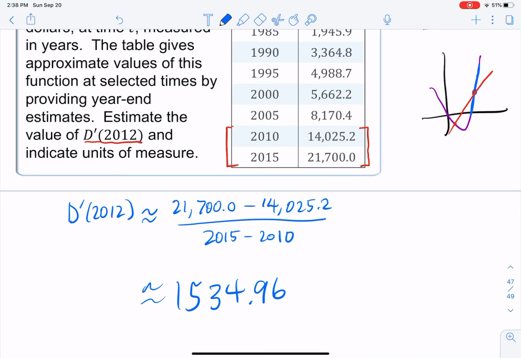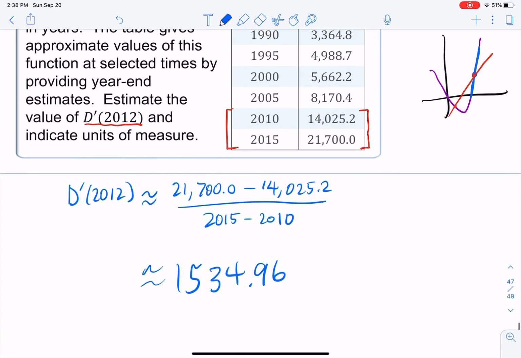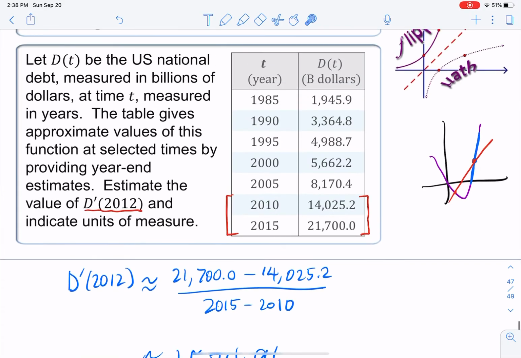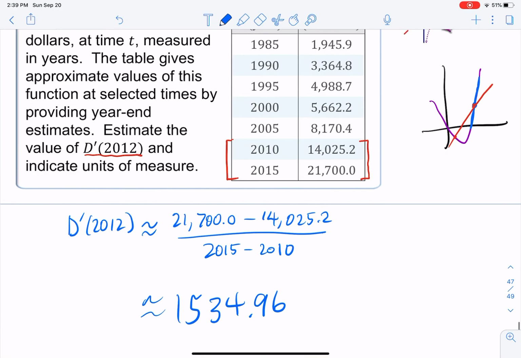Let's throw some units on this thing, and let's try to attach some sort of meaning to the mathematics that we just came up with. Look right here at what we calculated, a change in y over a change in x. Our y values on the top are in billions of dollars.